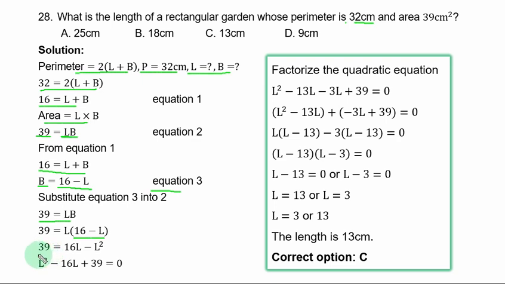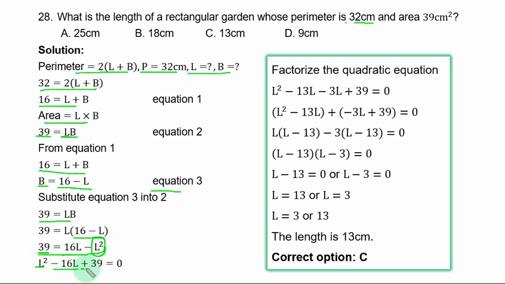When you expand the right hand side, you get this result. This is already a quadratic term. So you transfer all the terms in the right hand side to the left. So you have plus L squared. You transfer plus 16L, you have minus 16L. Already plus 39 is there.